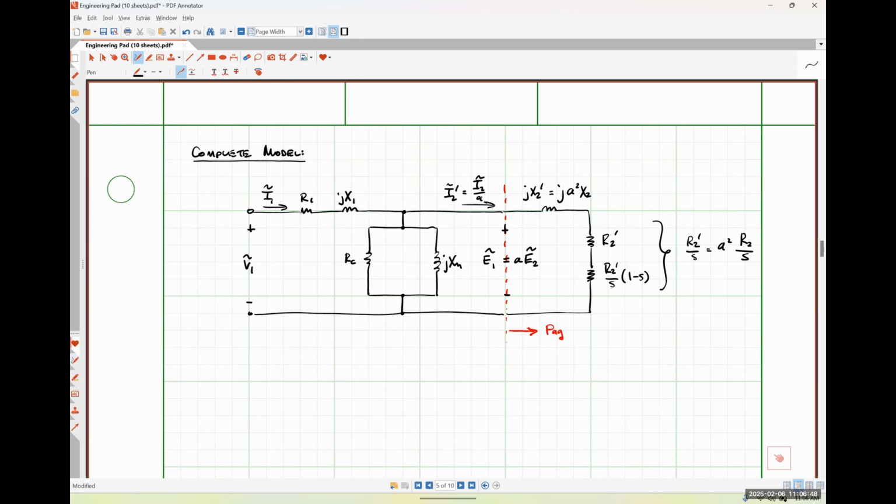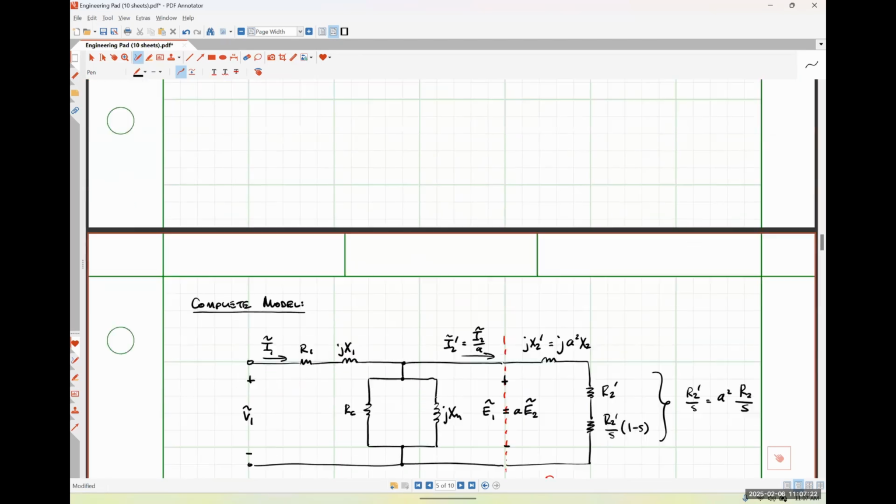Okay, so Thevenin equivalent circuit. So the first thing that we're going to do is we are going to recognize that our magnetizing reactance is very small.